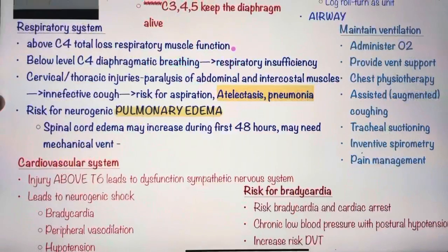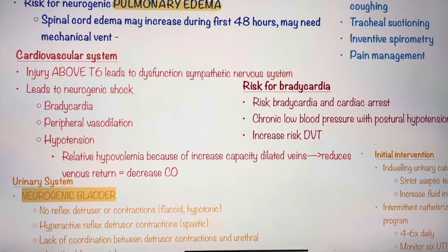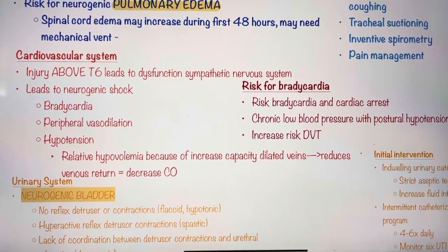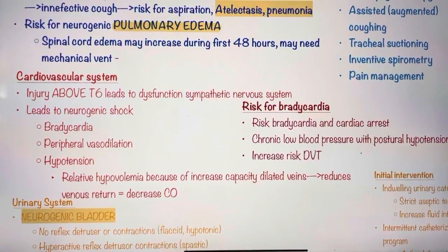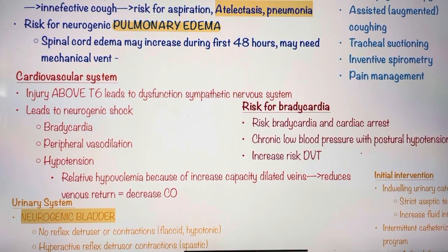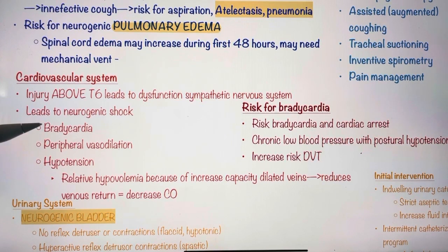The cardiovascular system is also affected with certain spinal cord injuries. Specifically, injuries above T6 lead to dysfunction of the sympathetic nervous system. This can lead to neurogenic shock. With neurogenic shock, the manifestations are going to include bradycardia, peripheral vasodilation, and hypotension.